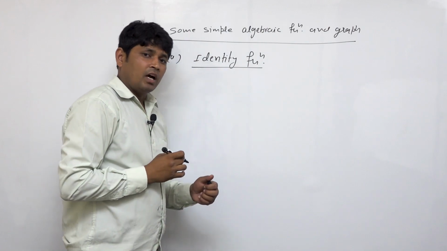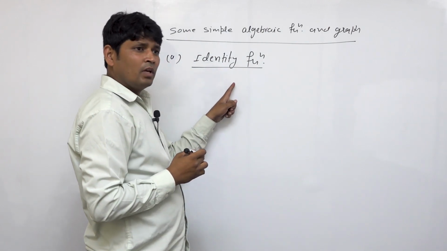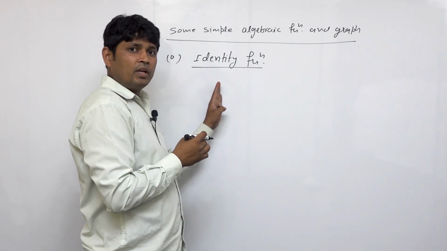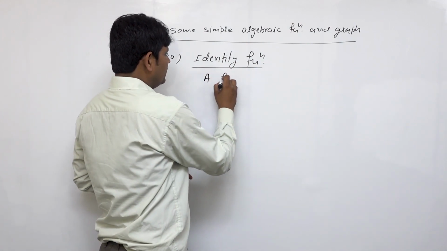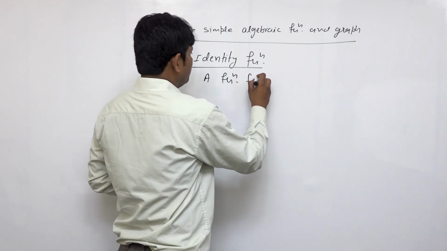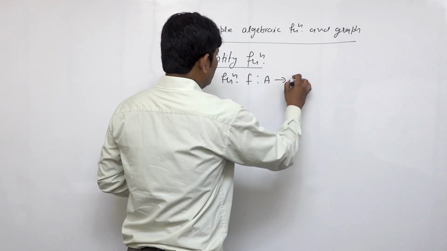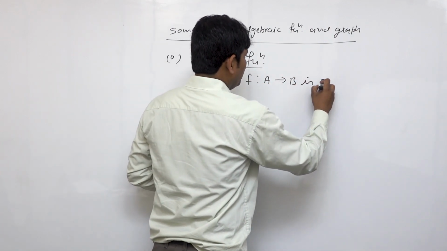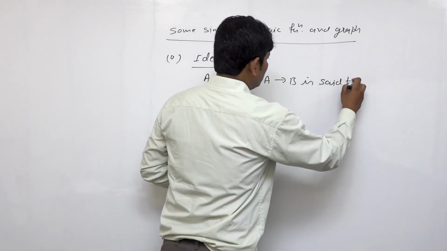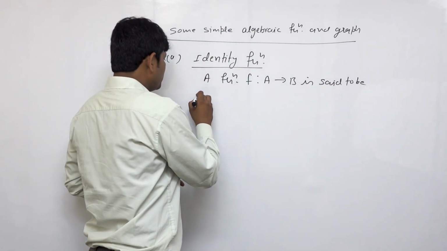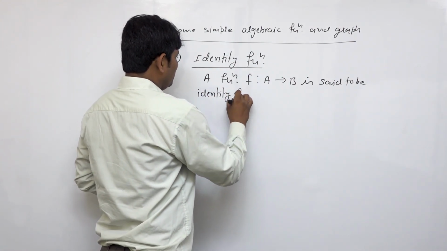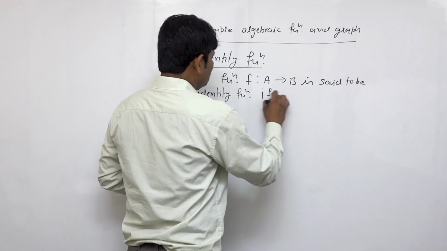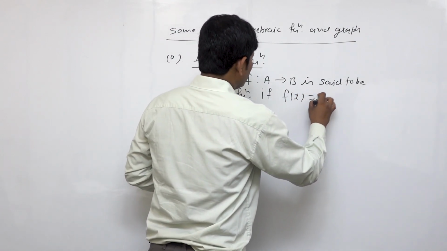Identity function. Identity function says that whatever the input will put, will get the same result. Just like we can define like that, a function f is defined from a to b is said to be identity function if fx is equal to x.